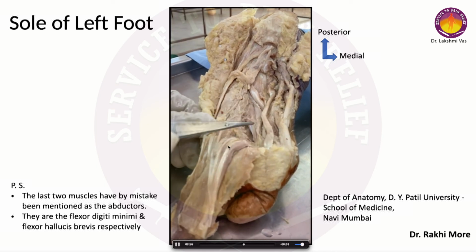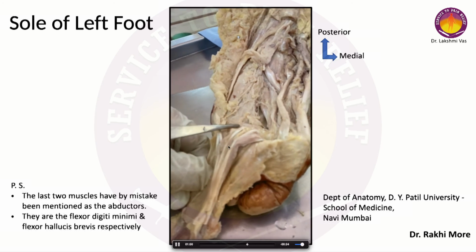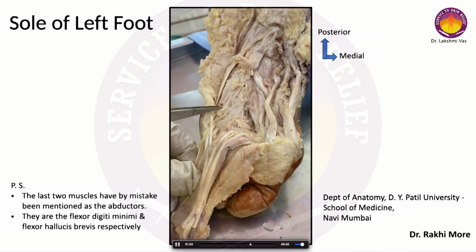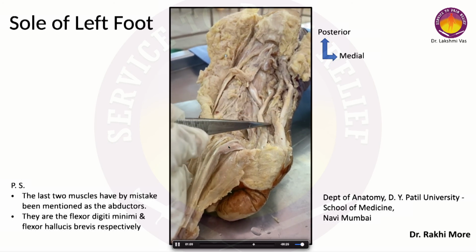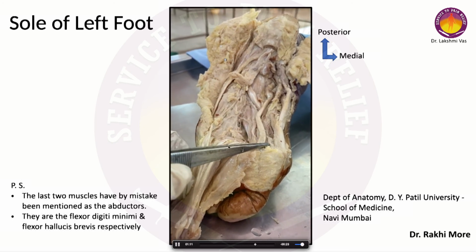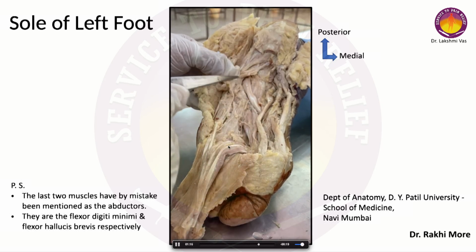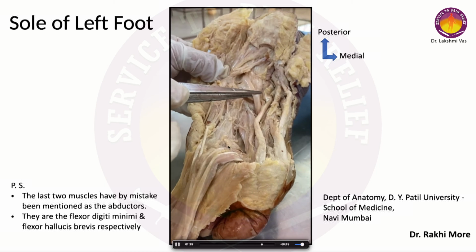You can see the oblique head of adductor hallucis and the transverse head of the adductor hallucis. On the lateral side, we see the abductor digiti minimi, and on the medial side, we see the abductor hallucis brevis. Once we reflect the fascia over here, we come to the tendon, that is the peroneus longus tendon.